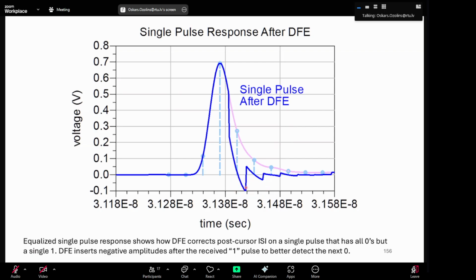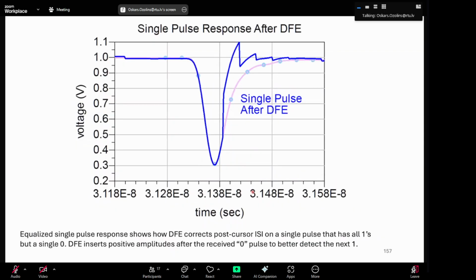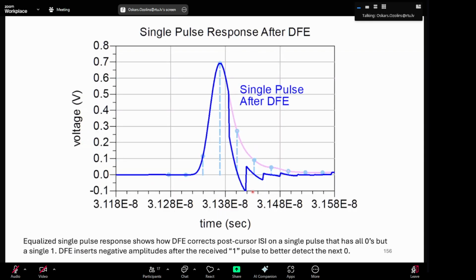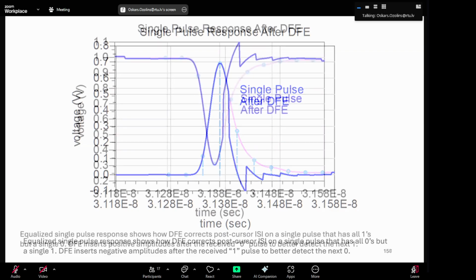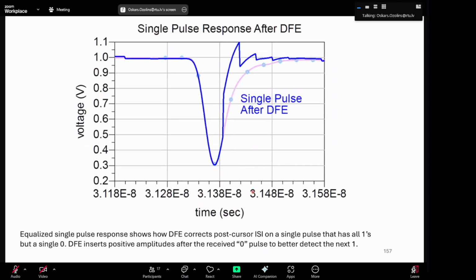Right. So this is what you see on the eye diagram. This transition here you saw in that example, and this is an example of if you transmit 1 and the next is 0, and if you transmit 0 and the next is 1.